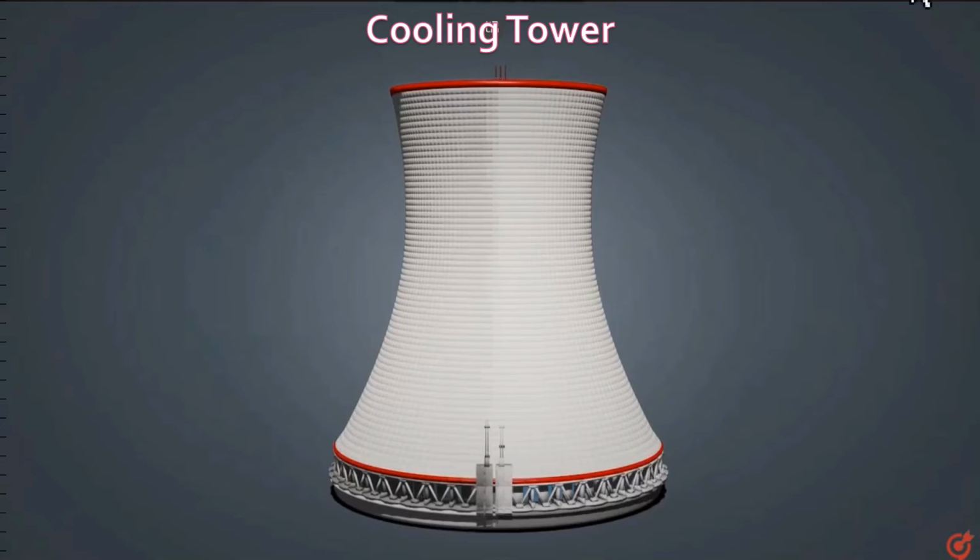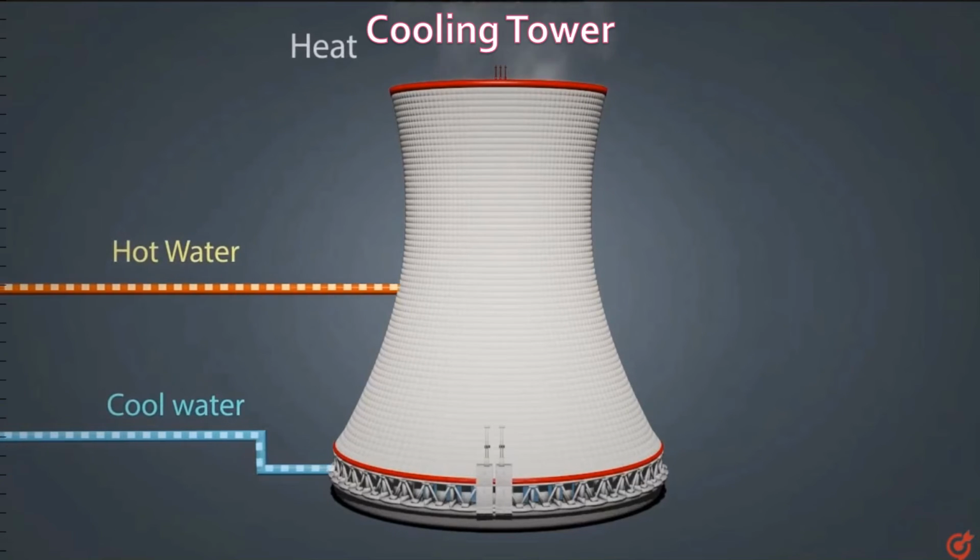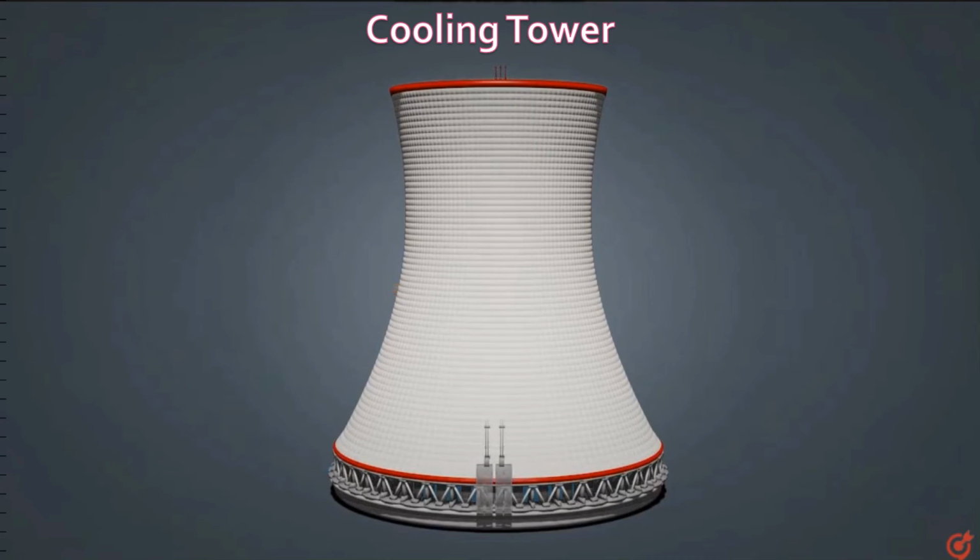The third circuit will absorb the heat from the steam so that it can be condensed and changed back into water. And this water from the third circuit will flow through the cooling tower. After it has absorbed the heat from the steam, it will go into the cooling tower to be cooled down. And this is what is inside the cooling tower.